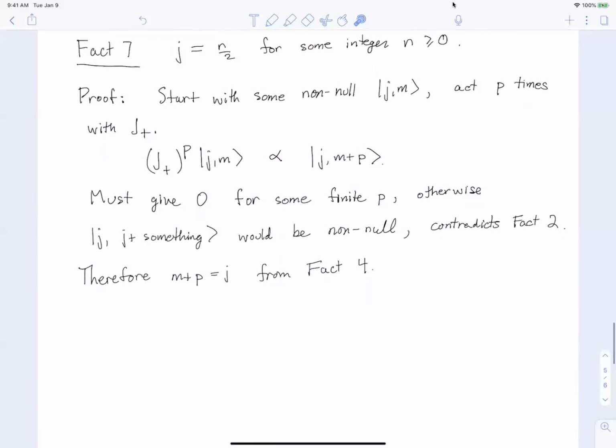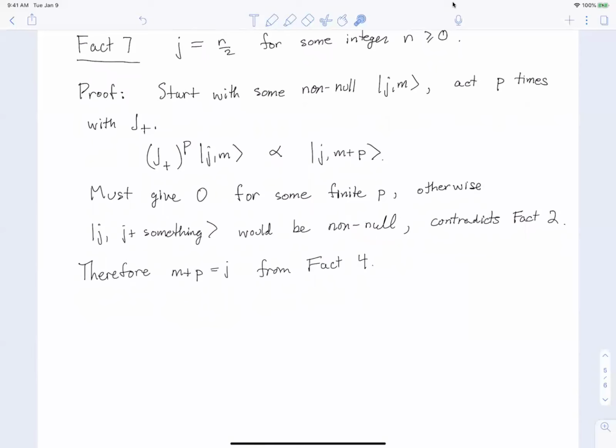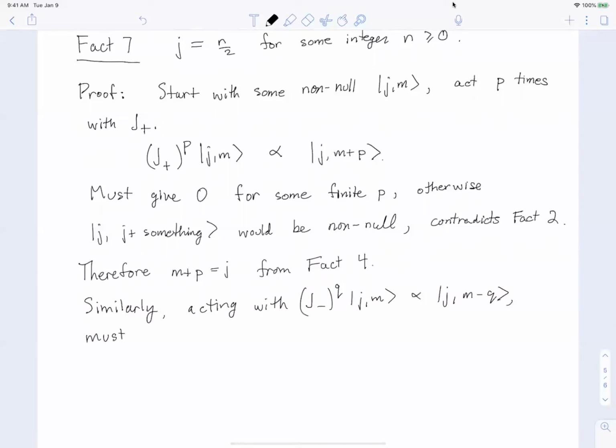Now we're going to do, as the theme calls for, anything we can do with j plus, we can do with j minus. Similarly, if we act enough times with j minus, so if we have j minus to the q power acting on Jm, that has to be proportional to J, m minus q. And this must give the null ket 0 for some finite q.